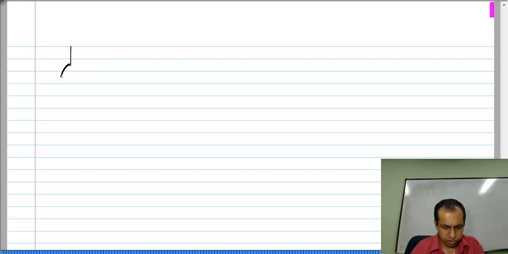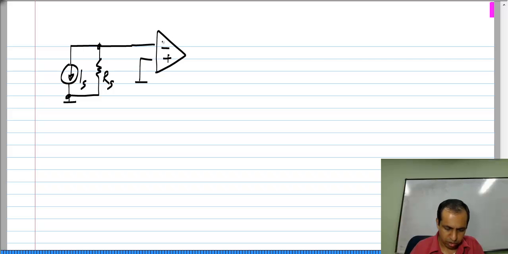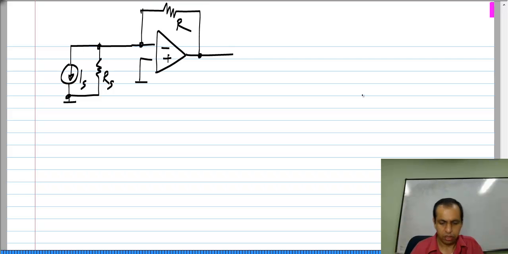Let us say the current source had some resistance across it. Okay. That is, it is not an ideal current source, but it is the Norton equivalent of some circuit which has I s and some R s across it. Okay.